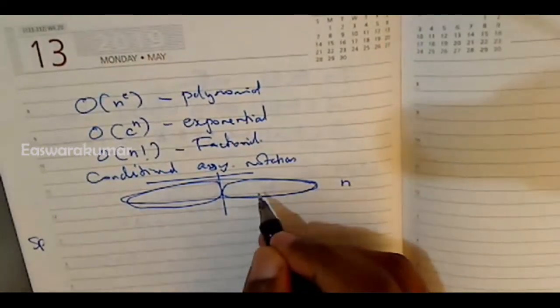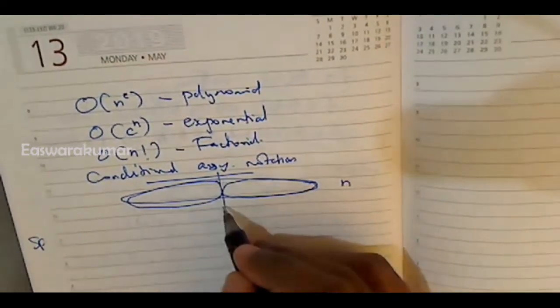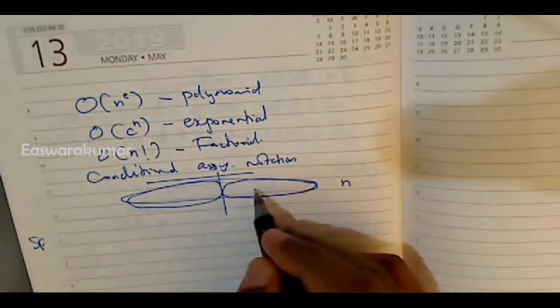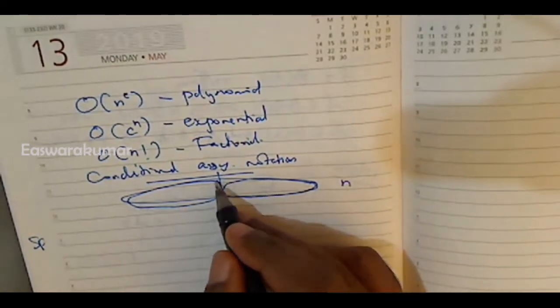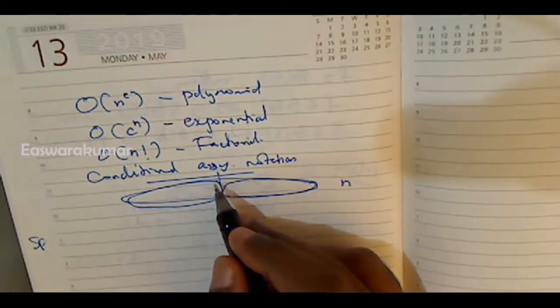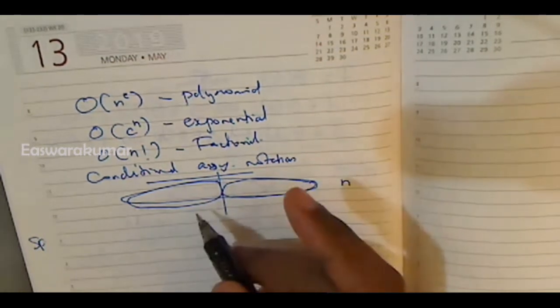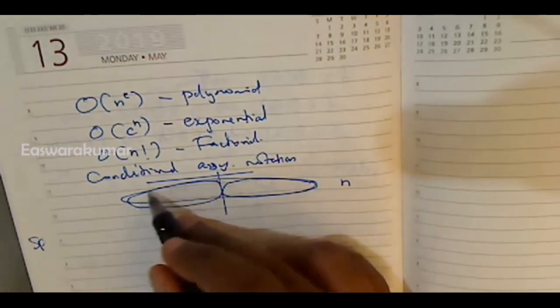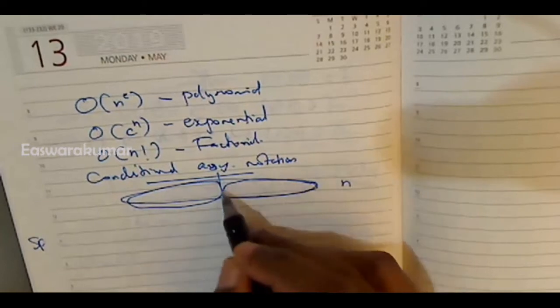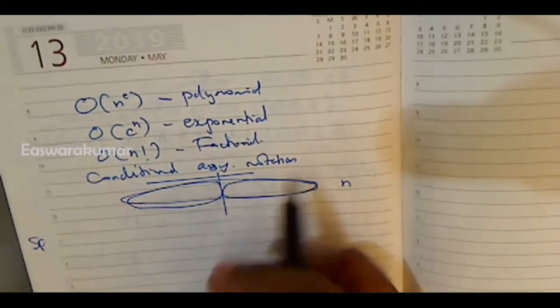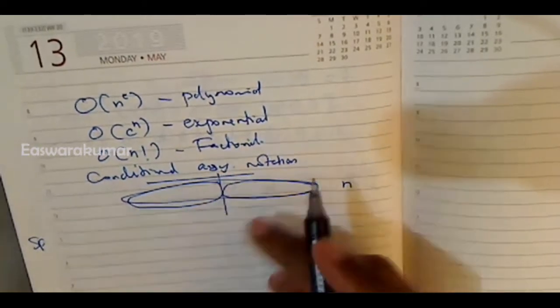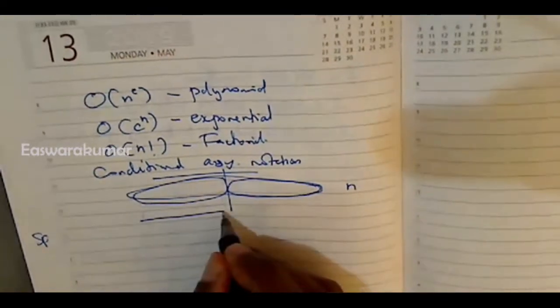How we are doing that is the problem is split into almost two equal halves, and we recursively apply. And the recursive algorithm, you know that, right? We can call the algorithm within itself. So we can apply merge sort on this, we can apply merge sort on that. And if you complete the recursive call, what happens? You get a sorted sequence.